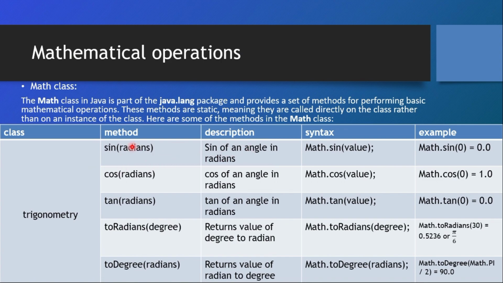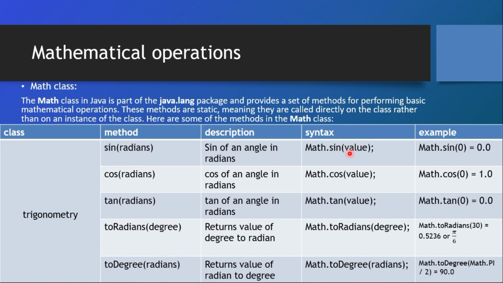So let's just say our syntax here, we use Math.sin, and the Math is capitalized, capital M, by the way. So Math.sin. This is the Math class, and then the dot operator is used to call upon the method that we are using. We'll talk about that in object-oriented programming later on.